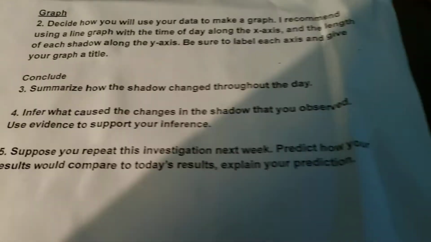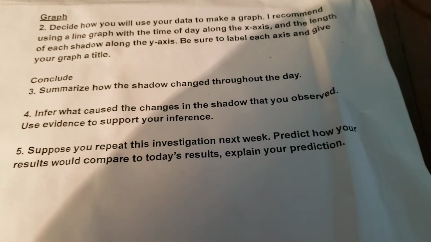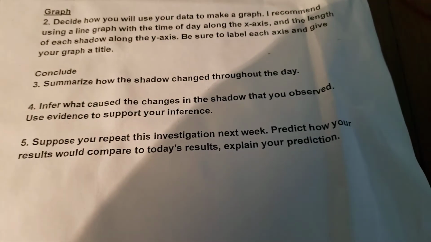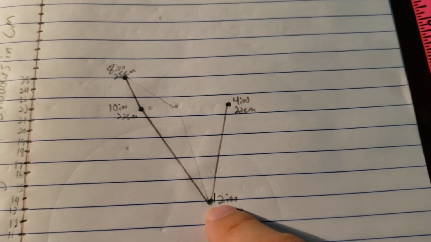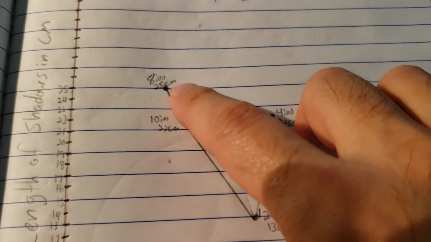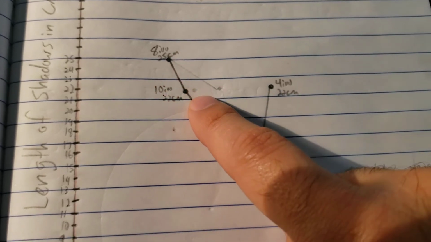Okay, so number 3, and this will be done in your notebook here. Summarize how the shadow changed throughout today. So basically between morning time and like noonish afternoon time, the shadows got smaller. See?